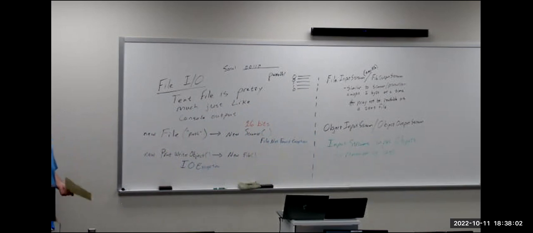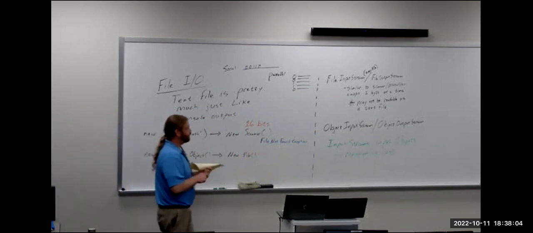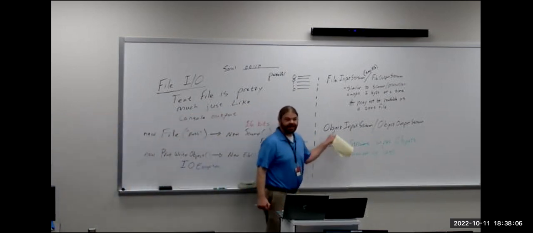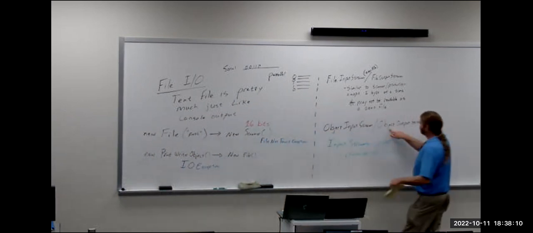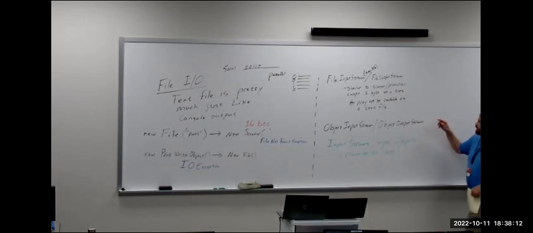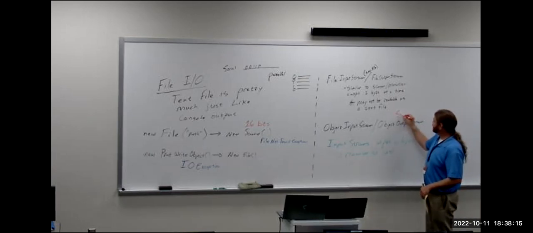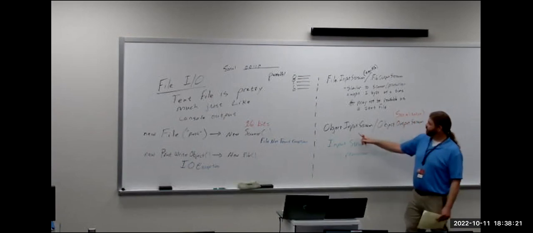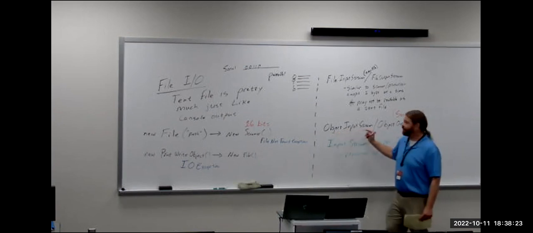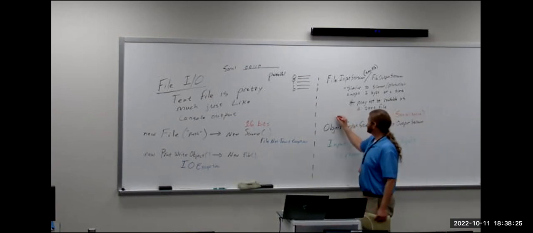I put those on the board somewhere. So input and output are what they chose for the object names here. Our output from the code to the file is serialization, and from the file to the code is deserialization.